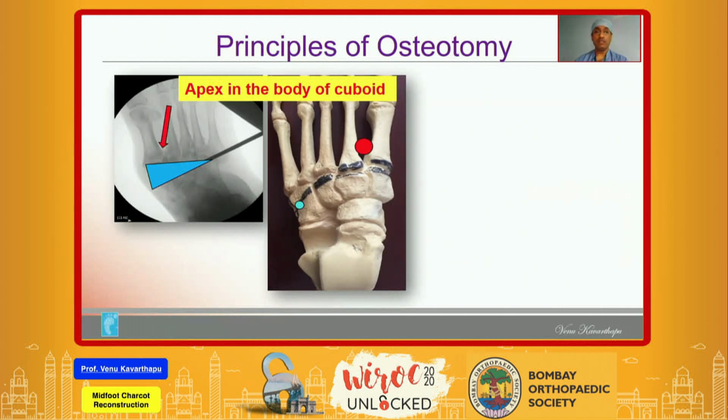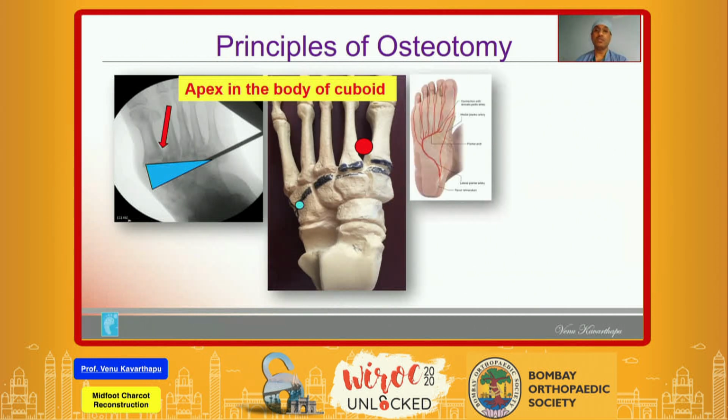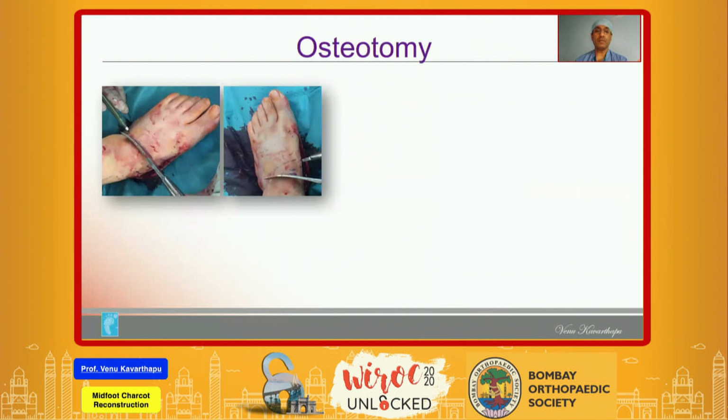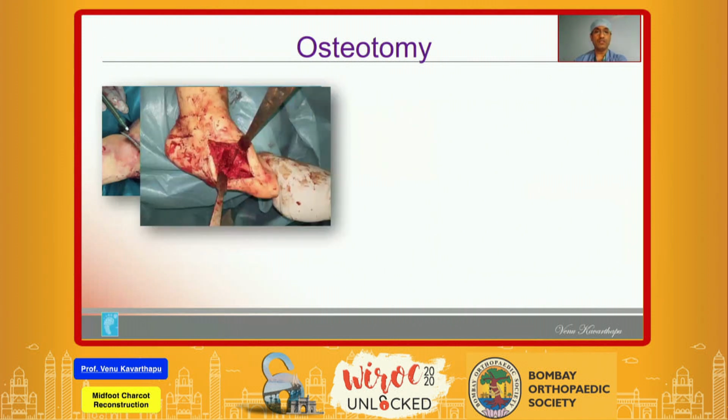But I would like to remind you that it's really important that the dissection is not extended beyond that Lisfranc ligament zone, because the dorsalis pedis artery dips down on the plantar side to form the plantar arch. So we don't want to damage that. So you mark the wedge resection areas based on your surgical planning and image intensifier picture.